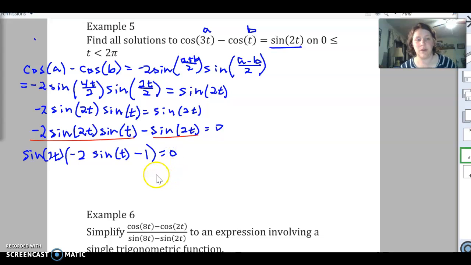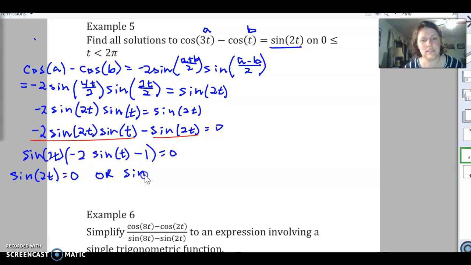Now using that zero product property, we can say that either the sine of 2t equals 0 or negative 2 sine of t minus 1 equals 0.